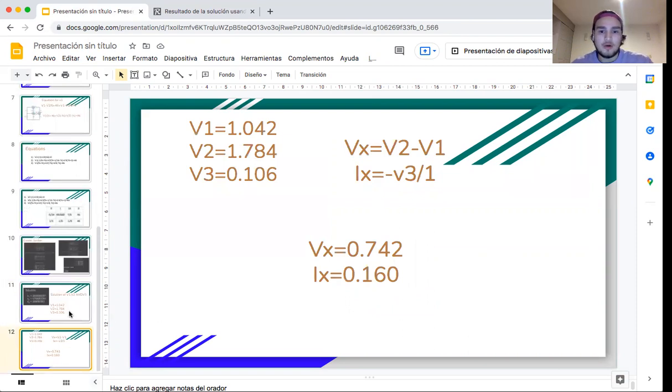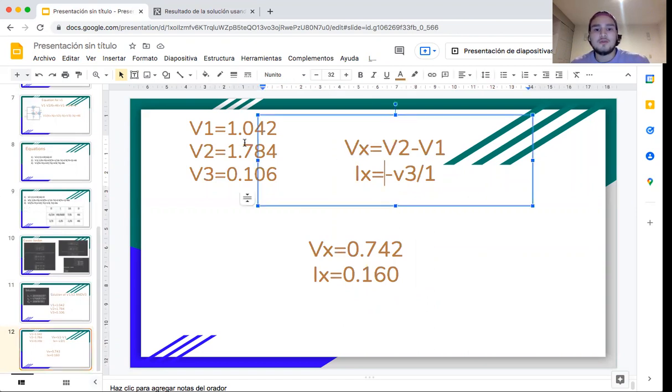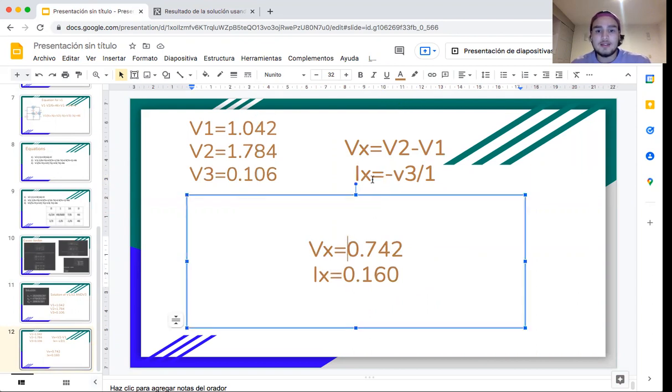For the final solution, we are going to use these two formulas: V2 minus V1 for Vx, and for Ix it is going to be V3 times 1. I already did the solution right here, but I'm going to explain. Ix divided by 1, well, everything divided by 1 is the same number, so it is 0.160.